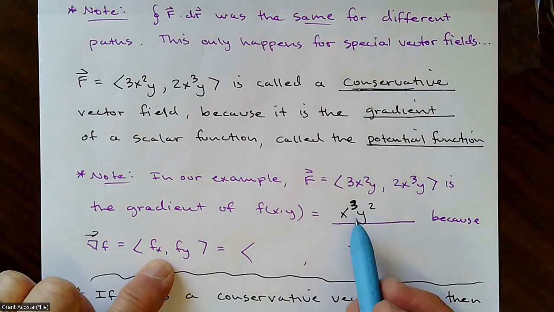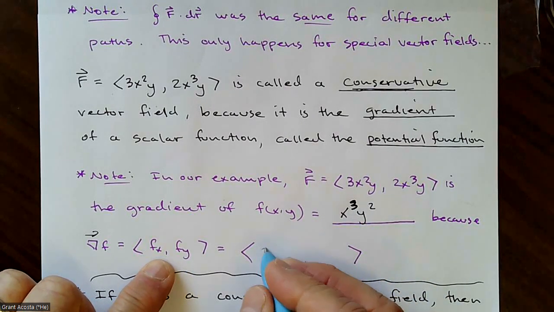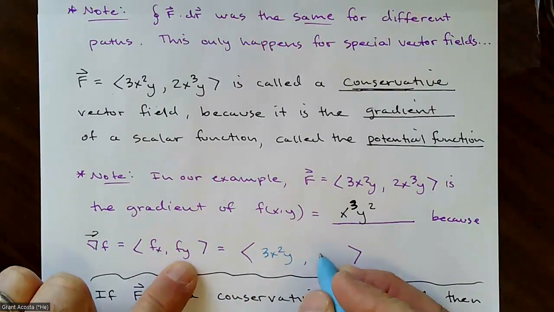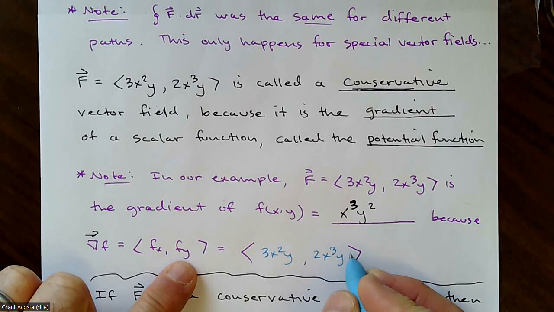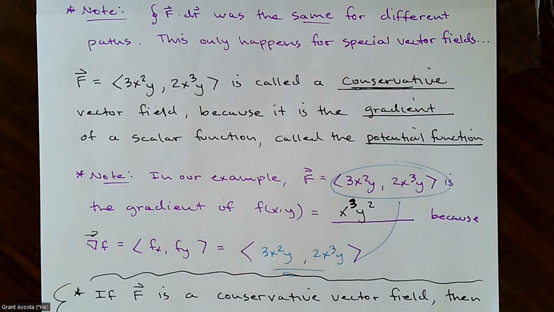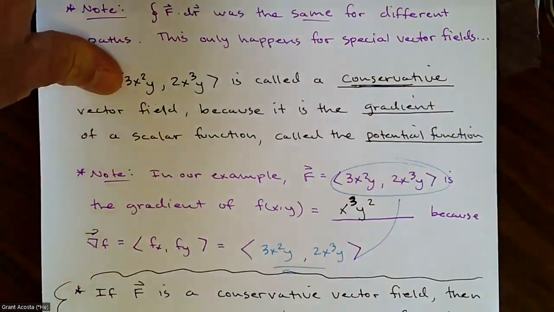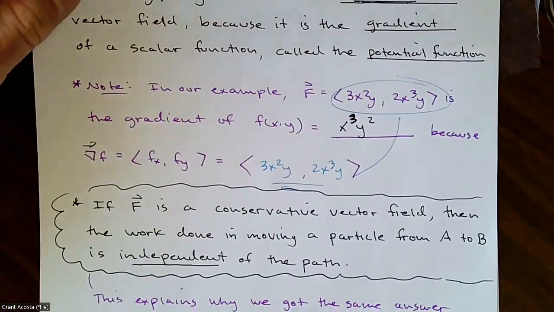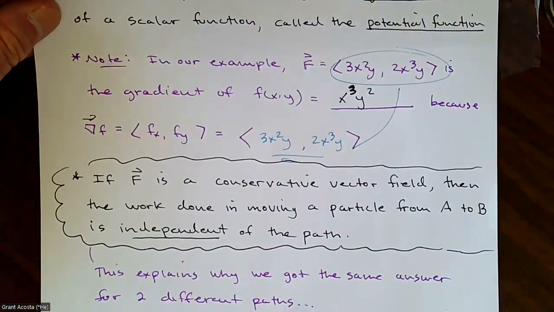And sure enough, what's the partial derivative of this with respect to x? It's 3x squared y. Partial derivative of this with respect to y is 2x cubed y, which is exactly the same vector field we were working with. So that makes f a conservative vector field because it's the gradient of a scalar function.